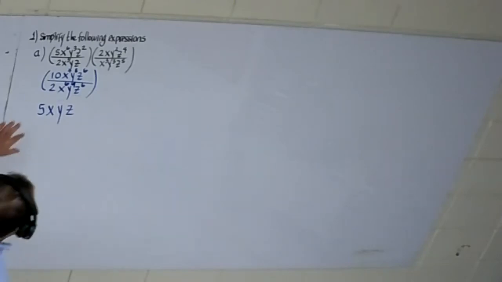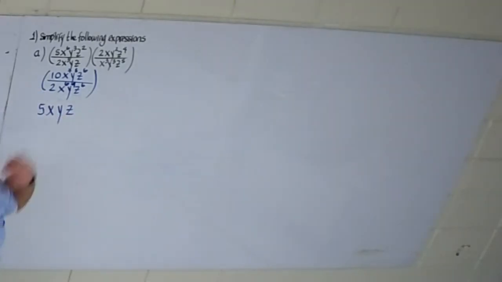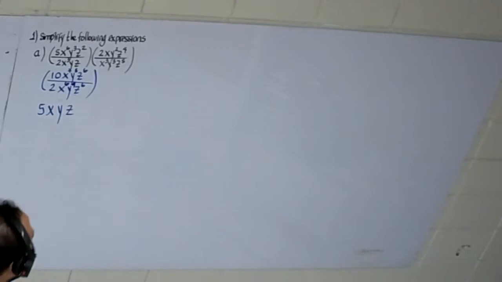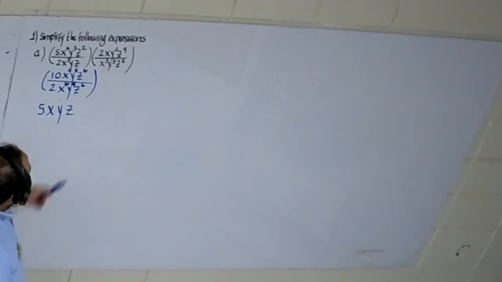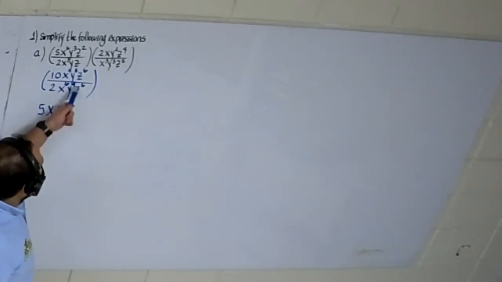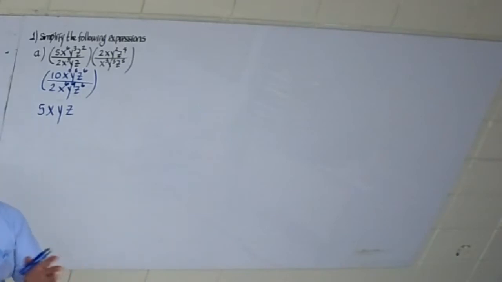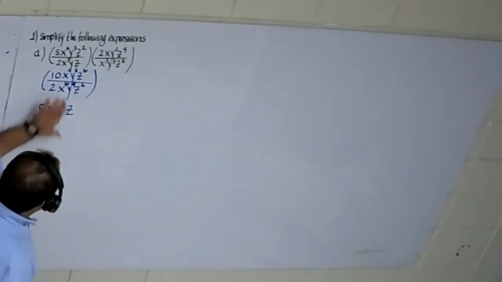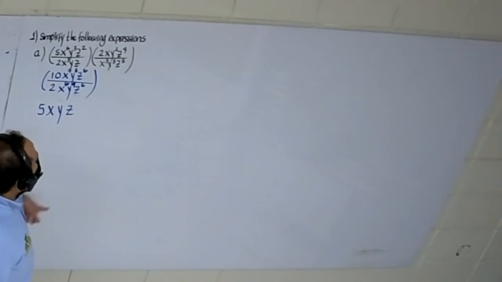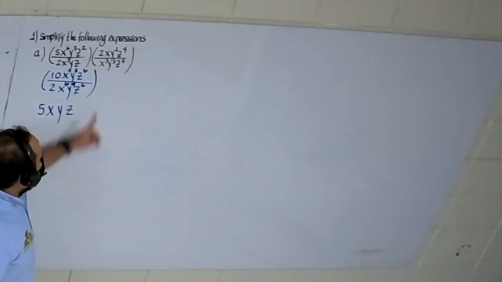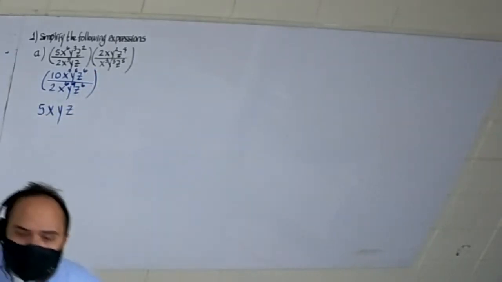So we can leave a letter X, because X at 1 power is the same. How about Y? We have 5 and we have 4. 5 minus 4, 1. So we can leave a Y.